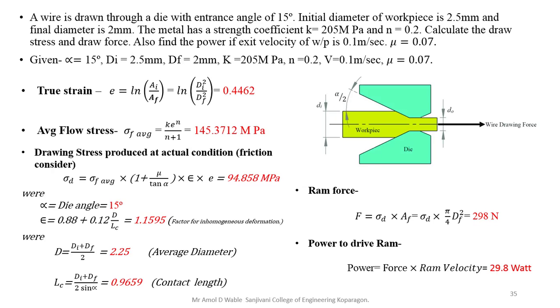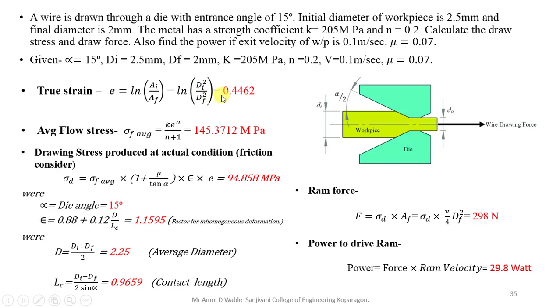So just analyze the given data and write it down once. Remember the formula. First of all, find out the true strain. True strain is ln of AI upon AF, that is initial area upon final area. So the initial area is pi by 4 di square divided by pi by 4 df square, where pi by 4 remains the same, so it gets cancelled.